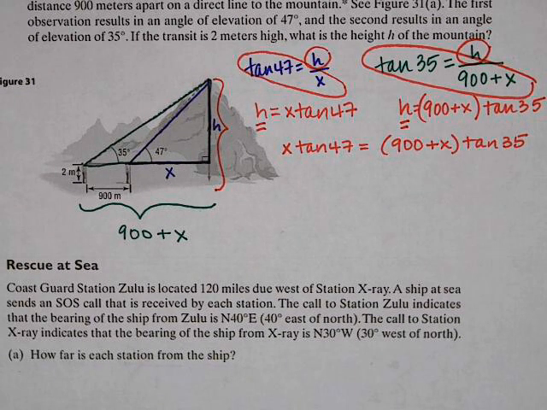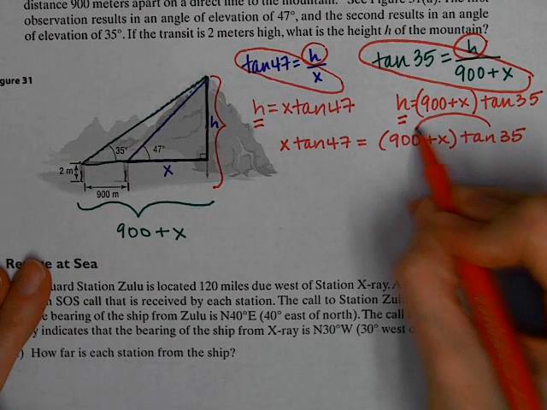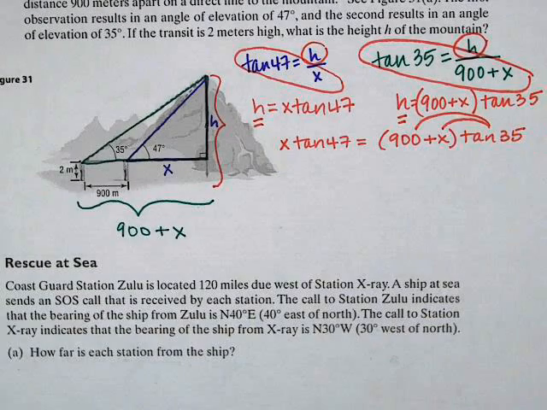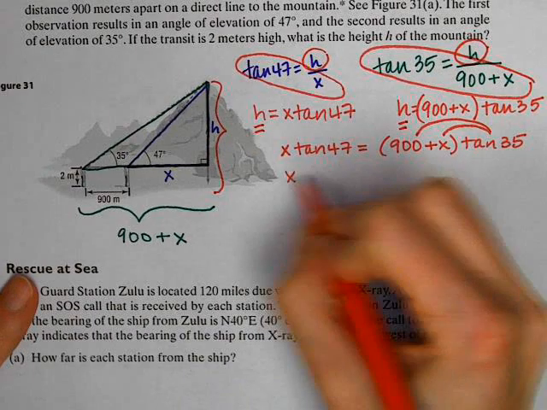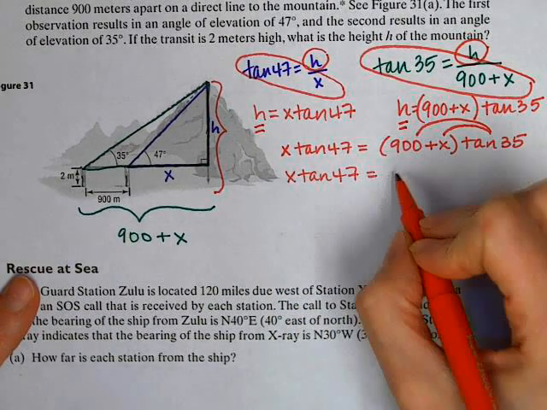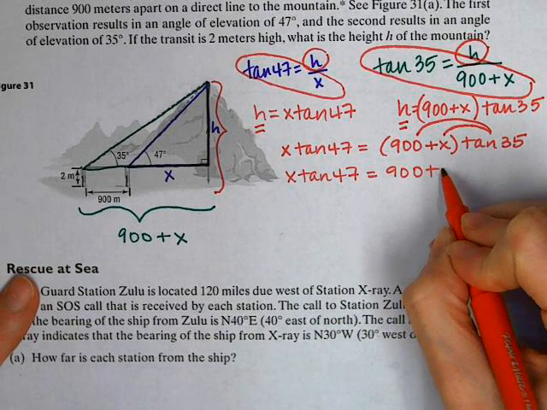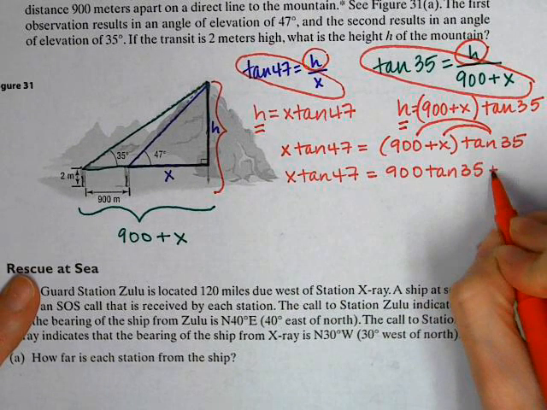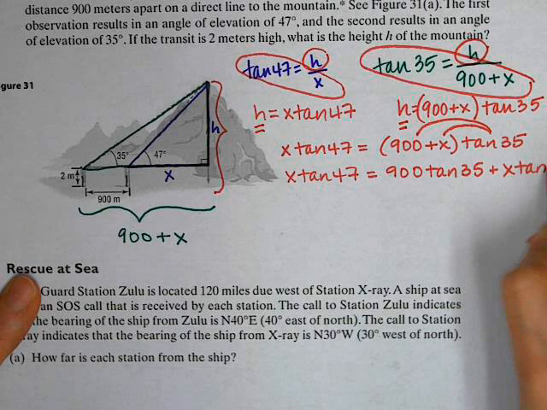And here's where a lot of you guys, I'm worried about your illegal algebra. We want to get all the x's to one side, so we need to start by distributing to undo these parentheses. So bear with me, this is just going to be a lot of writing. x tan 47 equals 900 tan 35 plus x tan 35.